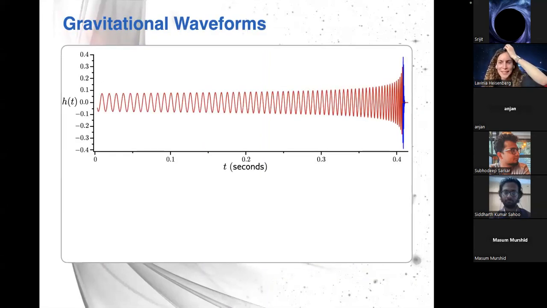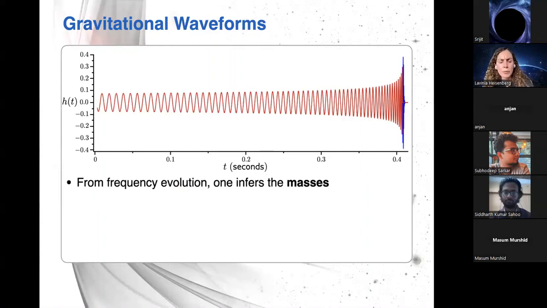Here's one very particular example where you can see the strain of the gravitational wave plotted with respect to time. And this is the typical waveform, these wiggles that you can see. And as I was mentioning, all the information is encoded in this wiggle.